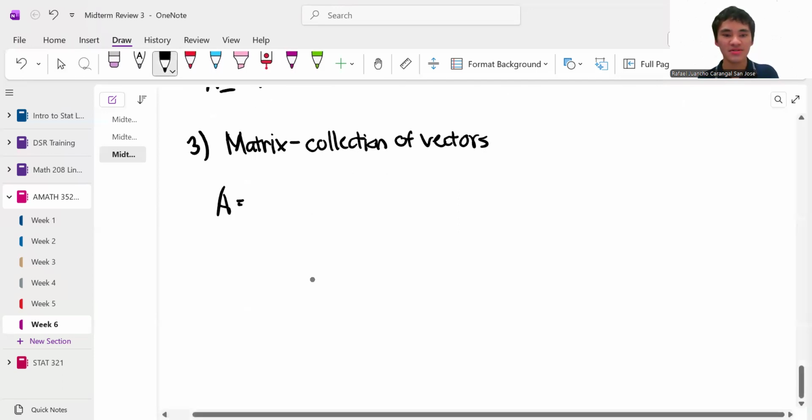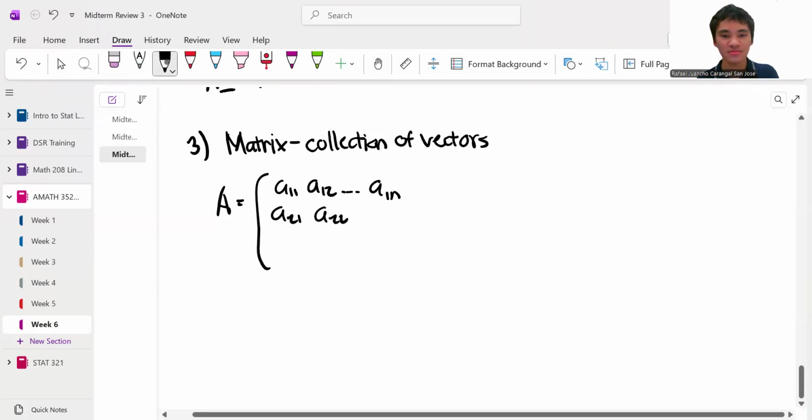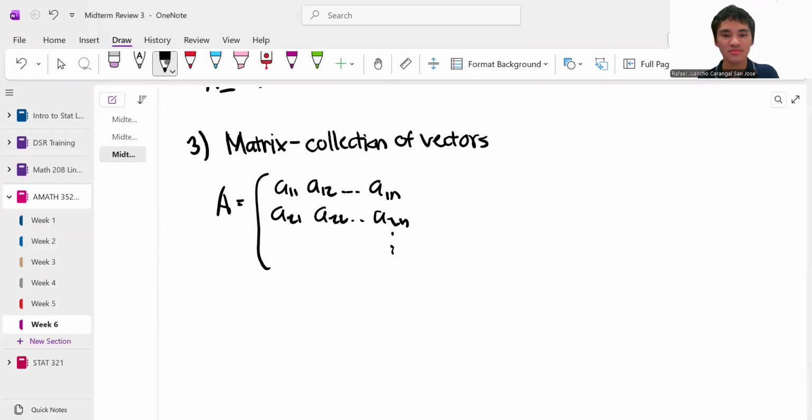So let's say we have this matrix, A11, A12, all the way to A1n, then A21, A22, A2n, then we keep going, M1, all the way to Mn. Okay.